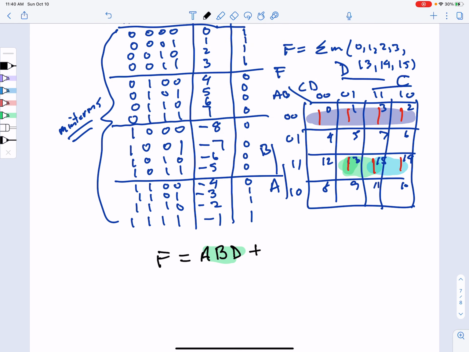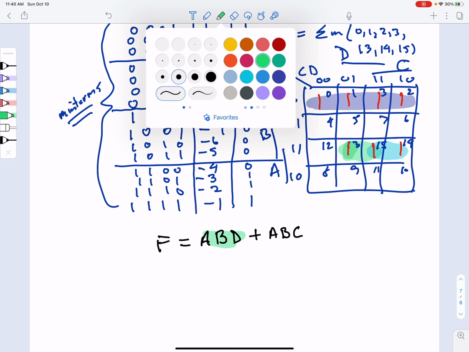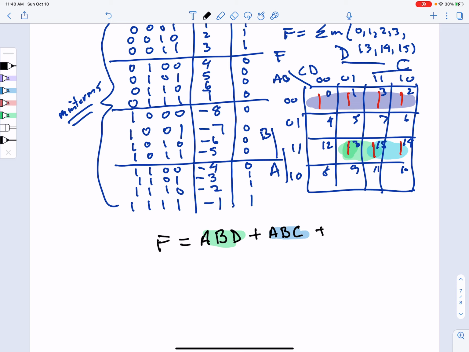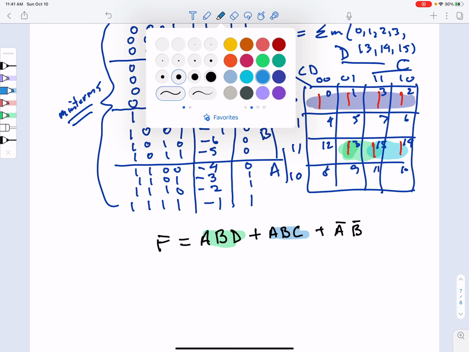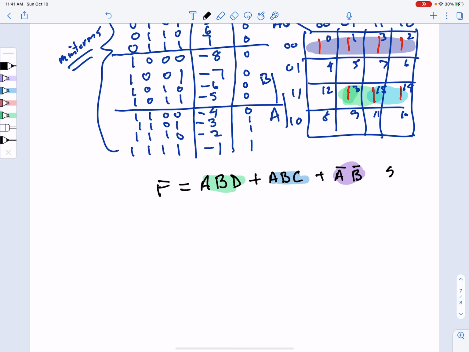For the blue grouping, I have completely inside of A, completely inside of B, and completely inside of C. For the purple grouping, it's completely outside of A, completely outside of B, and it spans C and D. So this would be one possibility, which is, of course, sum of products.